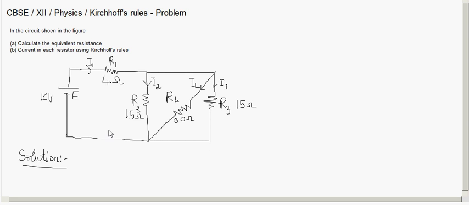Now if you see in the figure, 15 ohm, 30 ohm and another 15 ohm, they are all in parallel. So 1 by R equivalent dash is equal to 1 by 15 plus 1 by 30 plus 1 by 15.